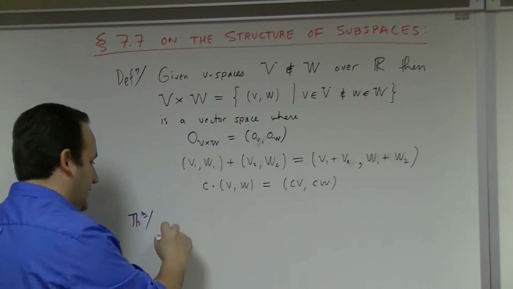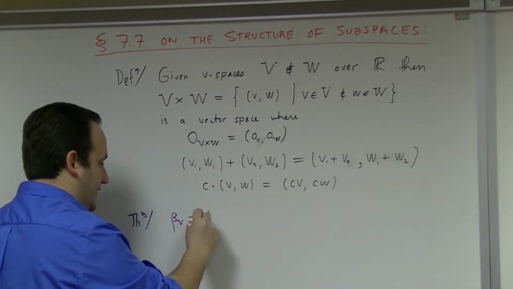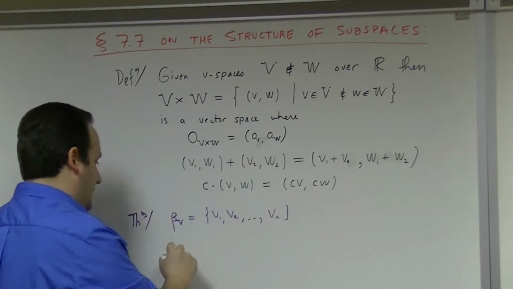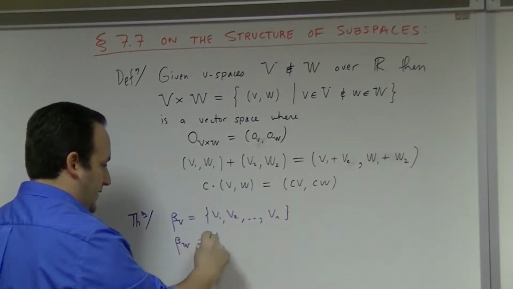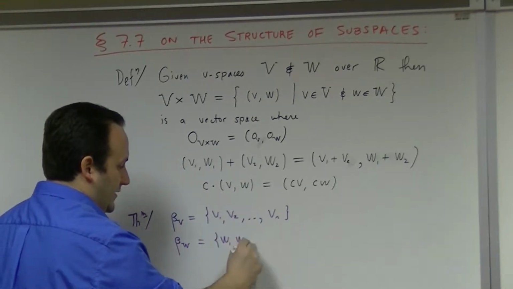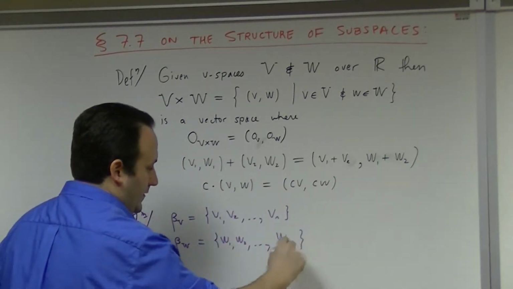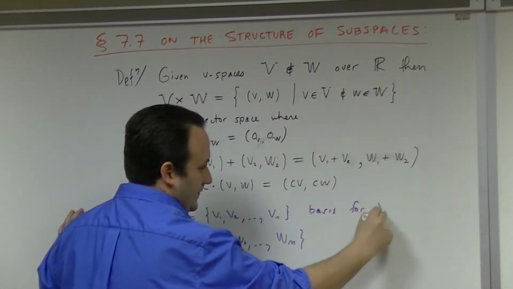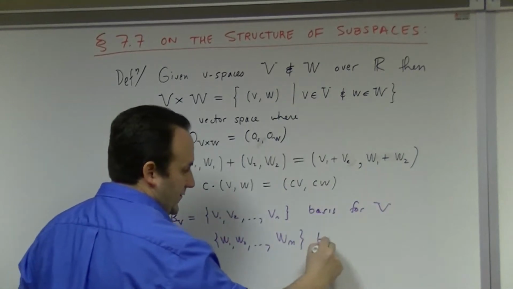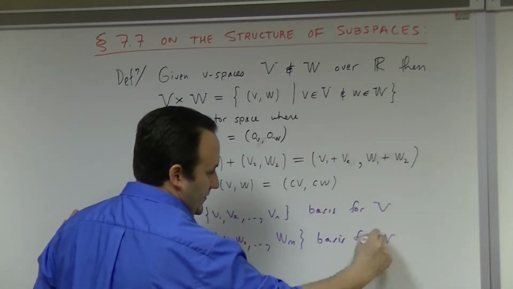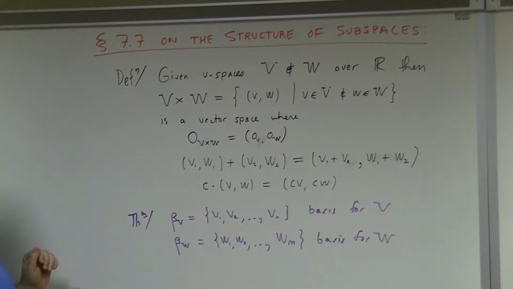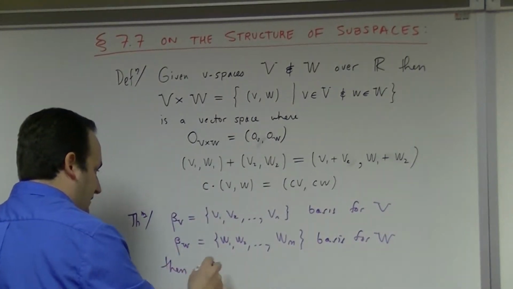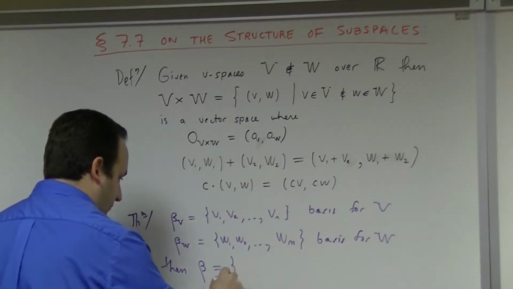So suppose that beta v, so V is equal to v1, v2, ..., vn. And suppose beta w is w1, w2, ..., wm. So suppose beta v is a basis for V. Suppose beta w is a basis for W. All right? Then the following set, beta, is formed from two things.